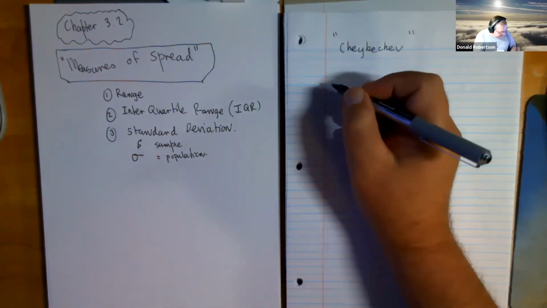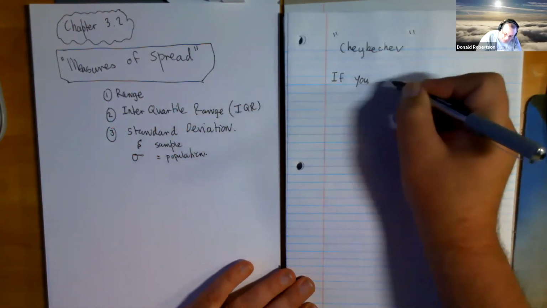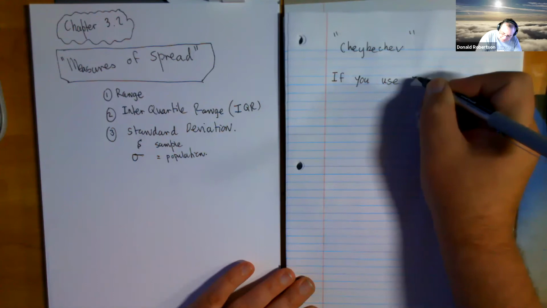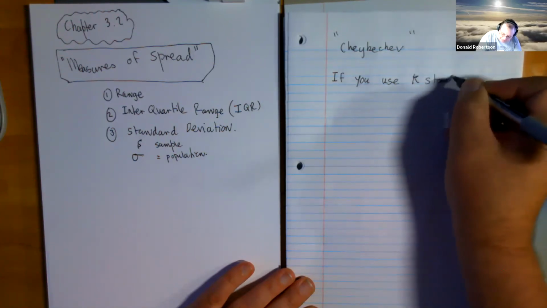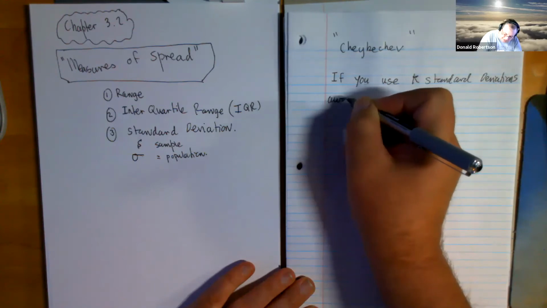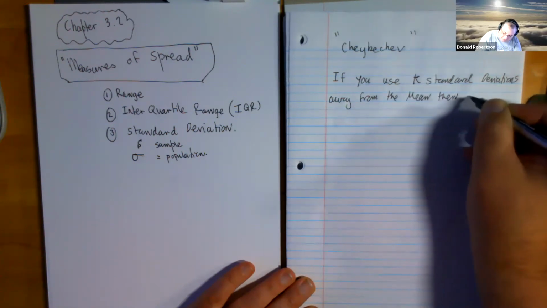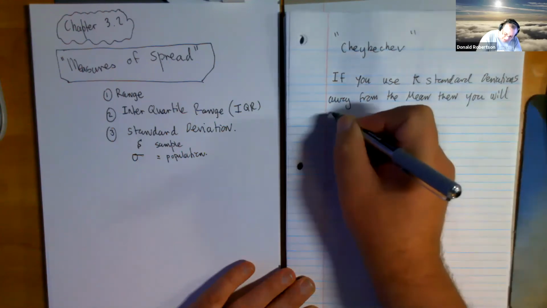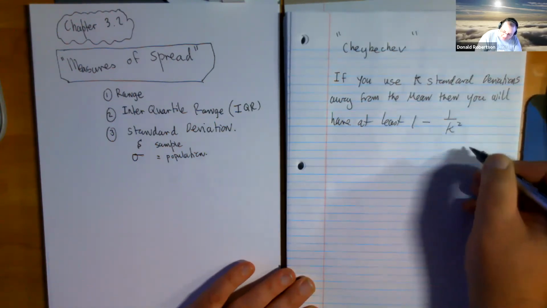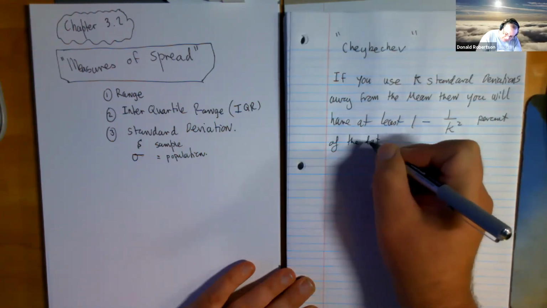And it says, if you use K standard deviations away from the mean, then you will have at least 1 take away 1 over K squared of the data in this interval.